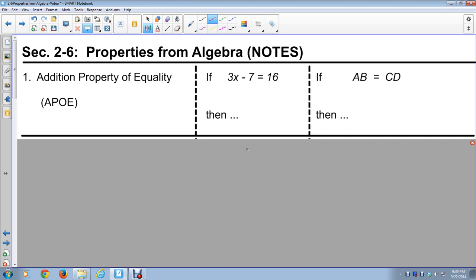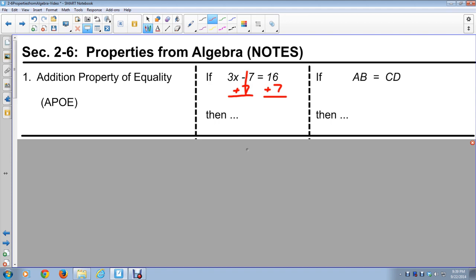So let's start with our addition property of equality. If I have the equation 3x minus 7 equals 16, I can use my addition property of equality to say that I can add 7 to both sides. If you were just to go ahead and try to solve it, I guarantee that would be the first step you're going to do. Why?